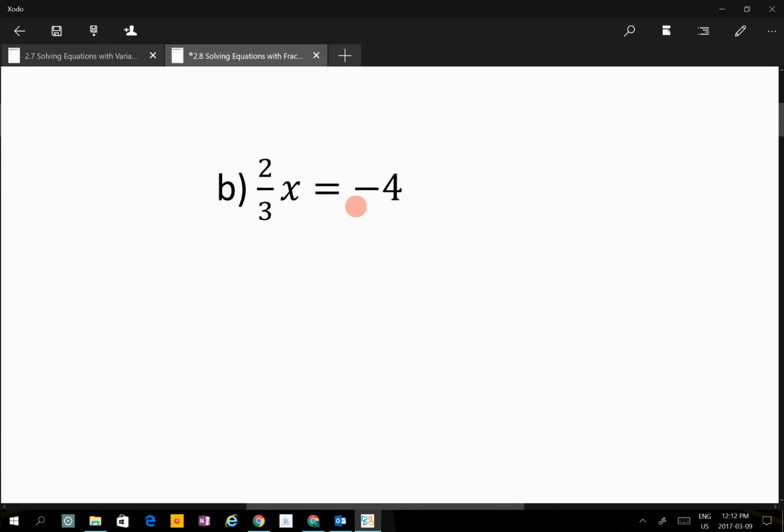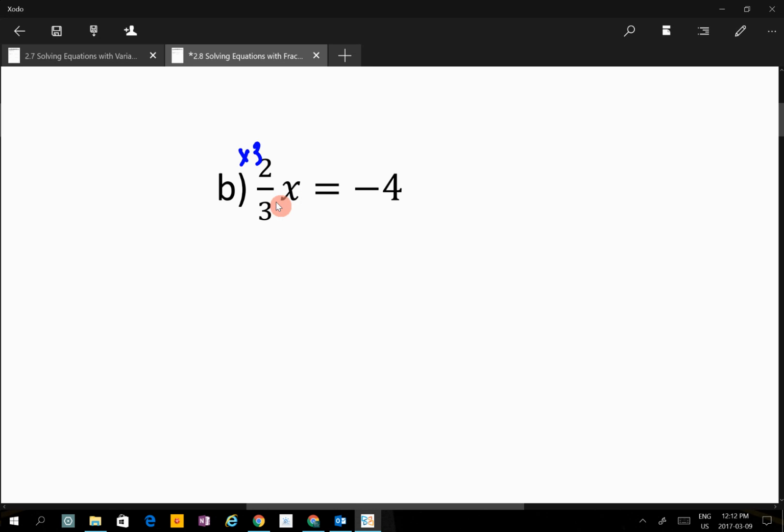Now looking at this next example, I see 2 over 3 times x equals negative 4. If we're going to be isolating x, we should be trying to deal with this denominator. The strategy I would employ here: you can either multiply by the reciprocal of this fraction, or you can take it one step at a time and start by just multiplying by 3.